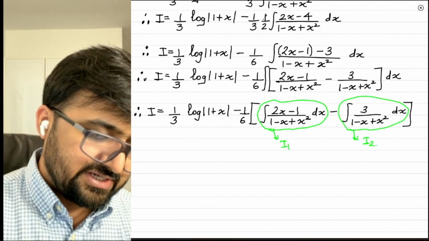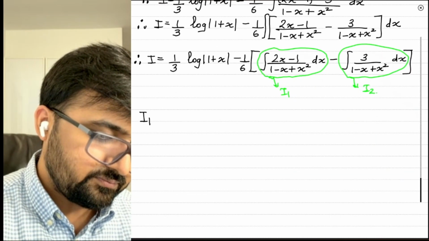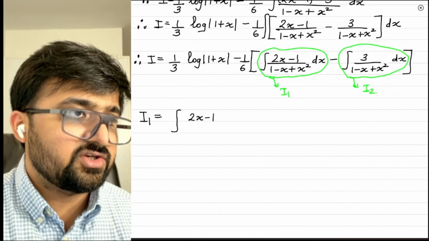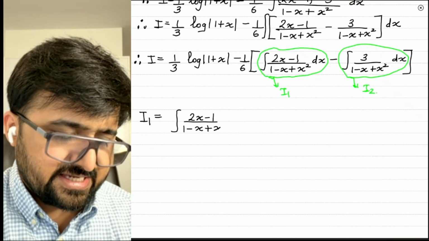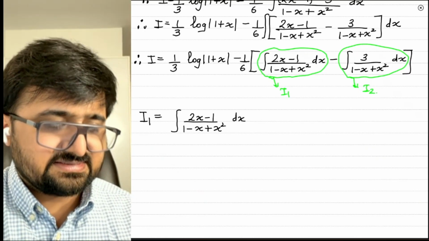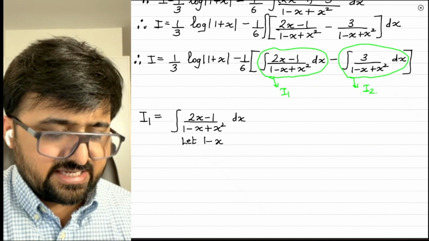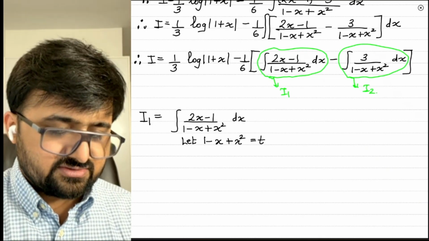Now, in order to evaluate I1, it's very easy because we have the derivative in the numerator. So we have 2x minus 1 upon 1 minus x plus x square dx. Since this is a direct derivative, we can say let 1 minus x plus x square be equal to t. Just differentiate this.